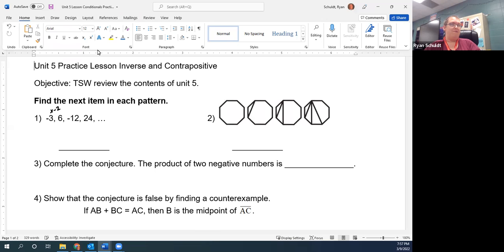Times negative 2. 6 times negative 2 gives you negative 12. Negative 12 times negative 2 gives you 24. So 24 times negative 2 is going to get us negative 48. There's our answer.